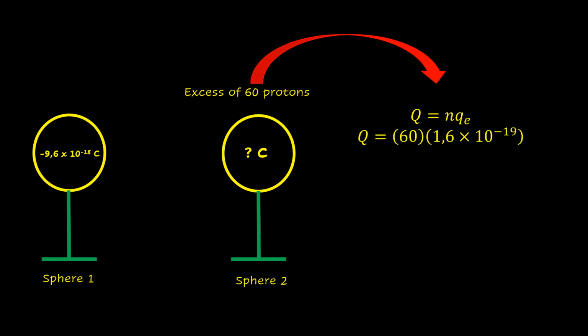So if we have the number of protons n, which is 60, we can simply multiply it by 1.6 multiplied by 10 raised to the power of minus 19 coulombs, because that is the charge on a single proton that we previously talked about. If you put this in your calculator, you will find that the charge on sphere 2 is equal to positive 9.6 multiplied by 10 raised to the power of minus 18 coulombs.